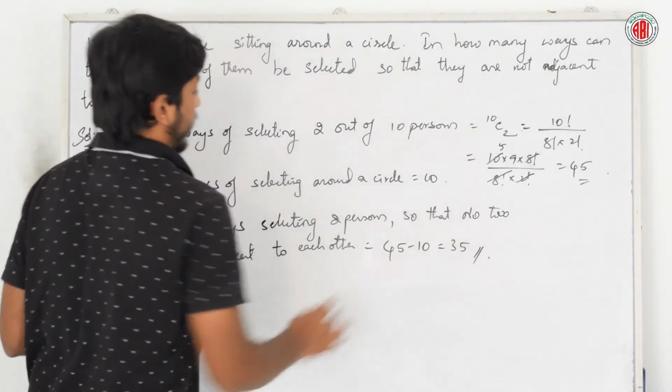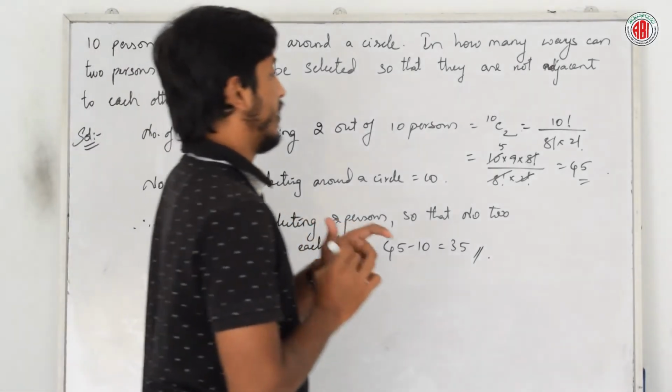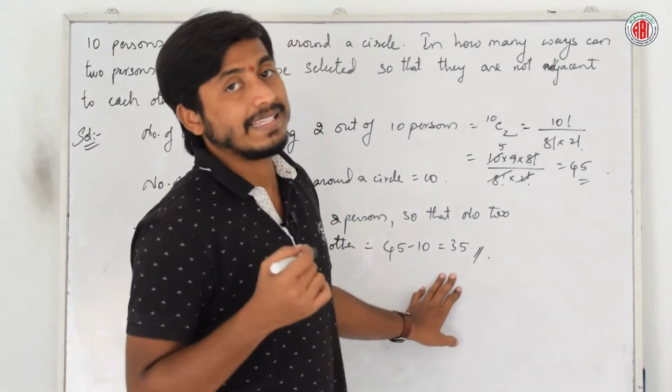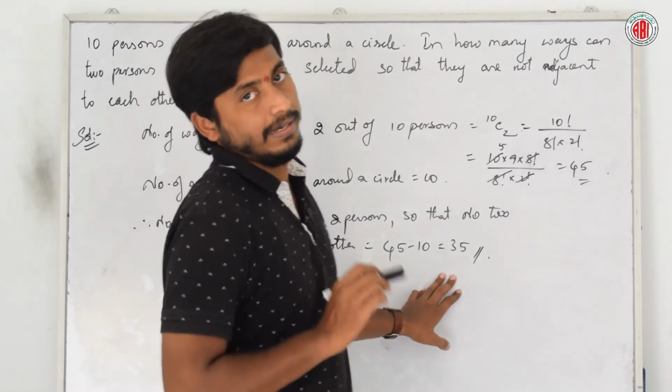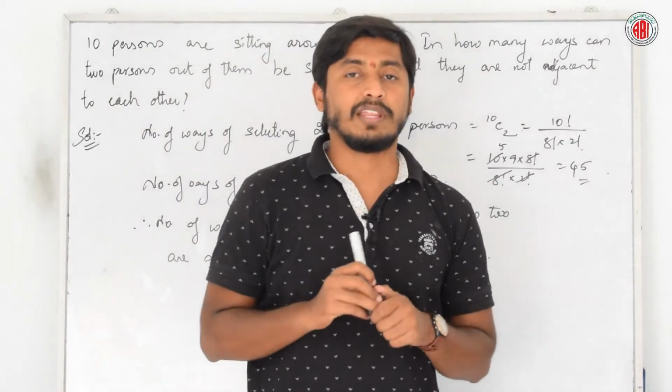That is the answer. In these many ways we can select 2 people out of the whole circle. Is it clear? Shall we move to the next problem?